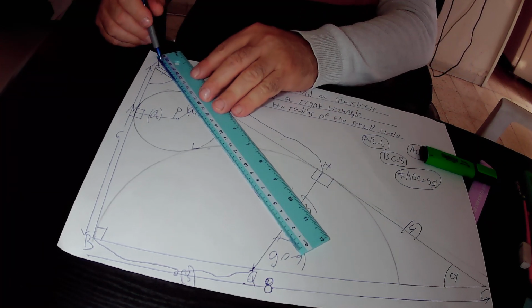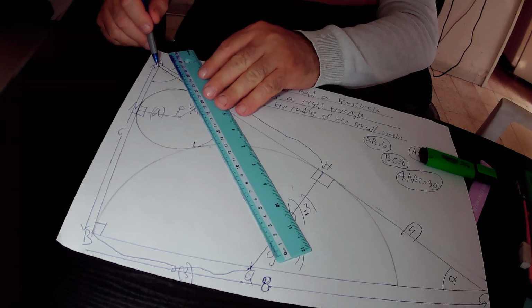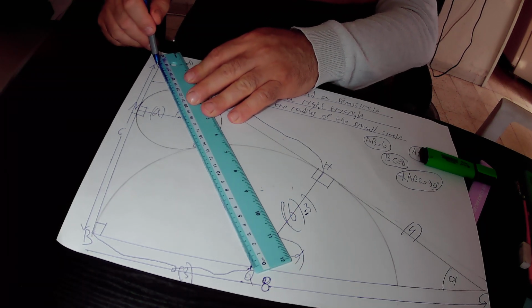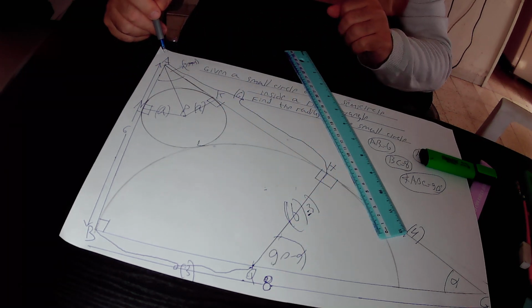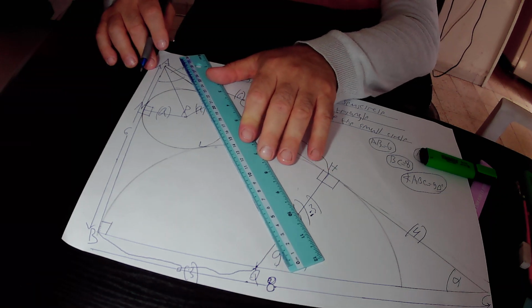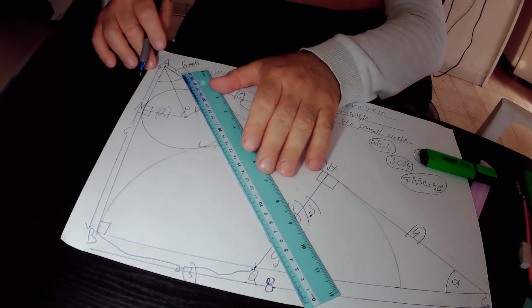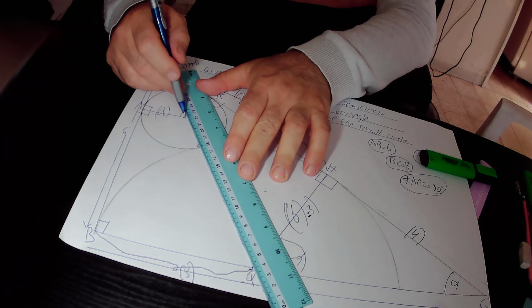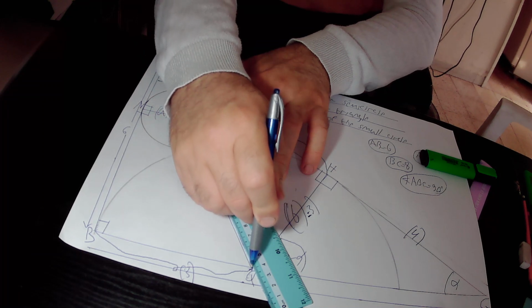First of all, this is the angle bisector AP that must pass through point P, and the angle bisector AQ must also pass through point Q, that is the center of this big semicircle.